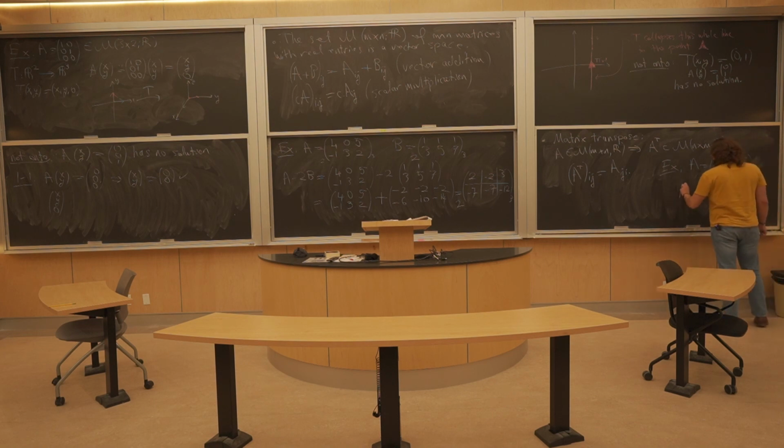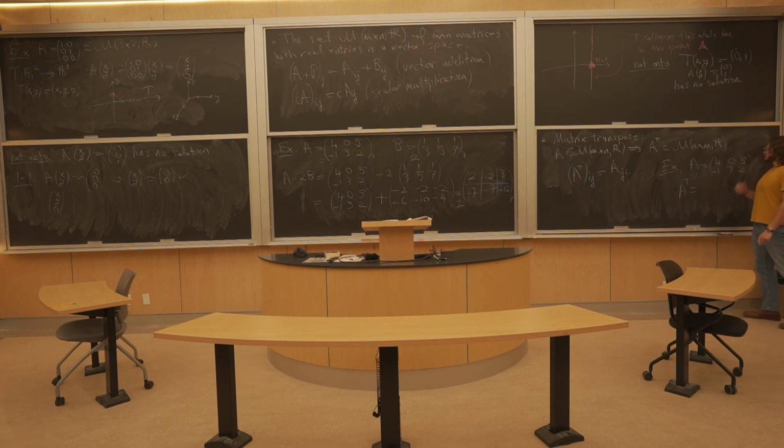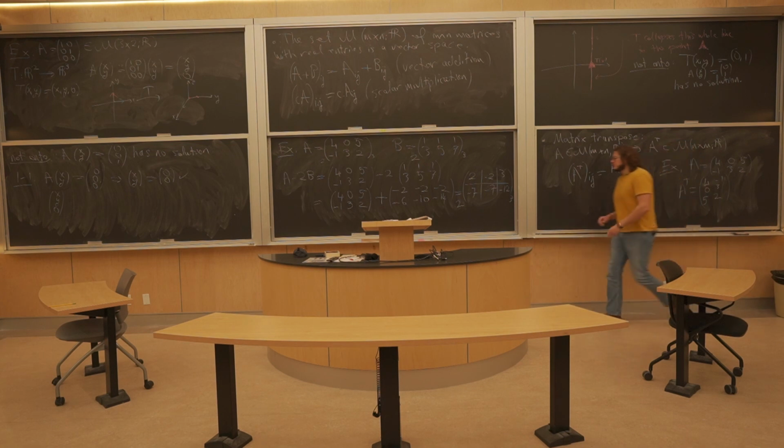If I were to take the transpose, I get the new matrix whose rows are now the columns. So 4, minus 1, 0, 3, 5, 2. Maybe I should draw it like this.